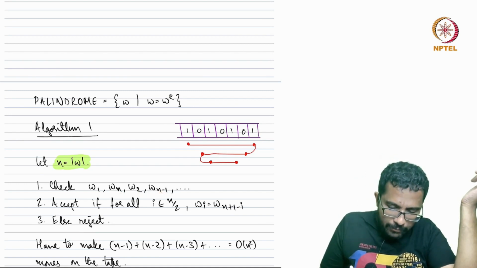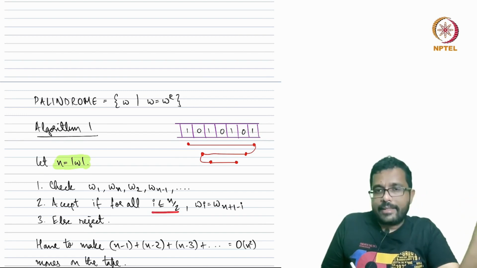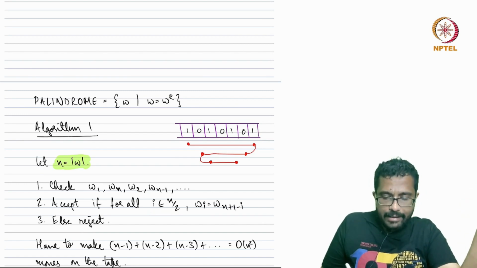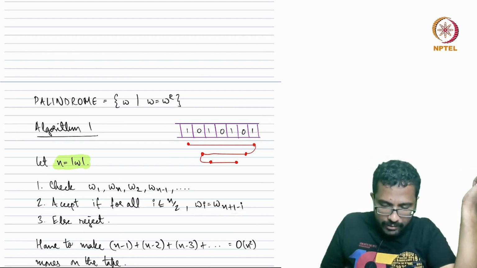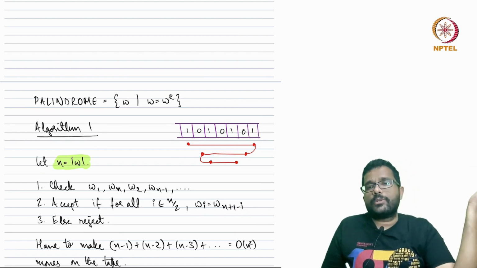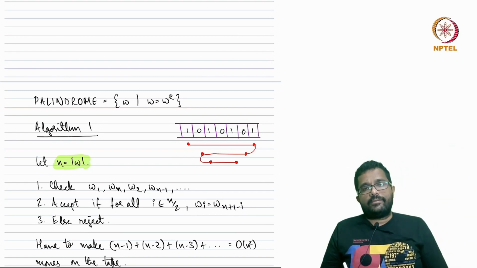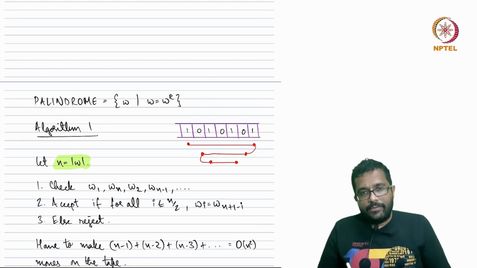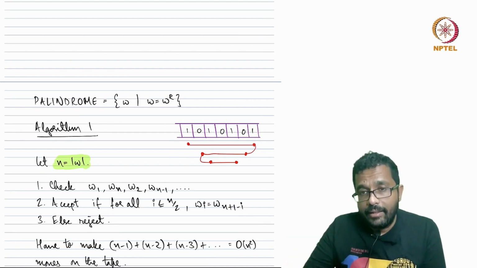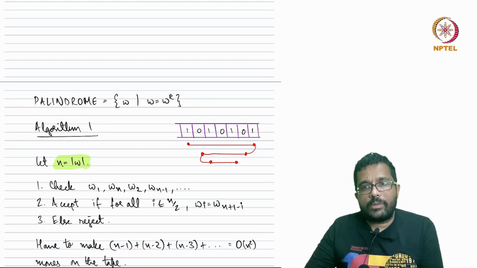You accept if for all i less than or equal to half the length of the string, Wi is equal to W(n+1-i). If the string is a palindrome, these two should be the same. Otherwise you reject: if even for one i, Wi is not equal to W(n+1-i), you reject.